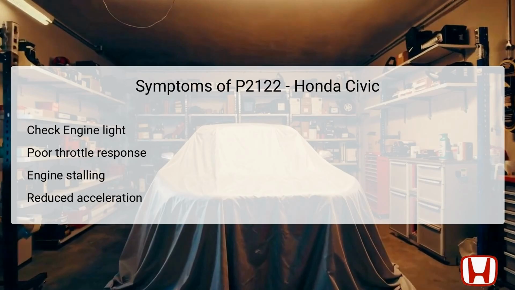This can lead to situations where the engine may stall unexpectedly, posing a safety risk. Furthermore, reduced acceleration may occur, making it difficult to maintain speed or merge into traffic. Recognizing these symptoms early can help in taking prompt action to address potential issues before they escalate.